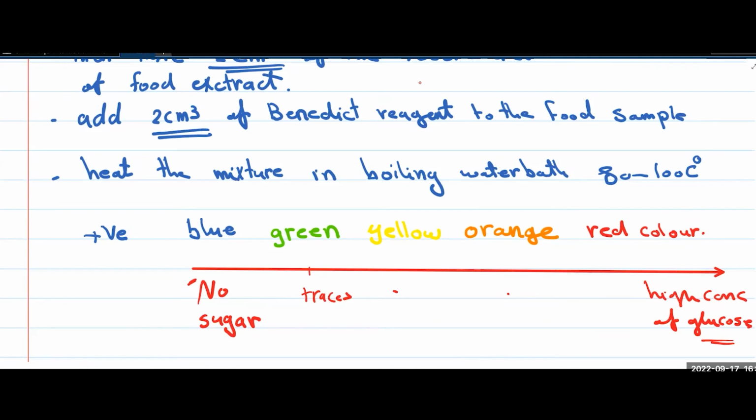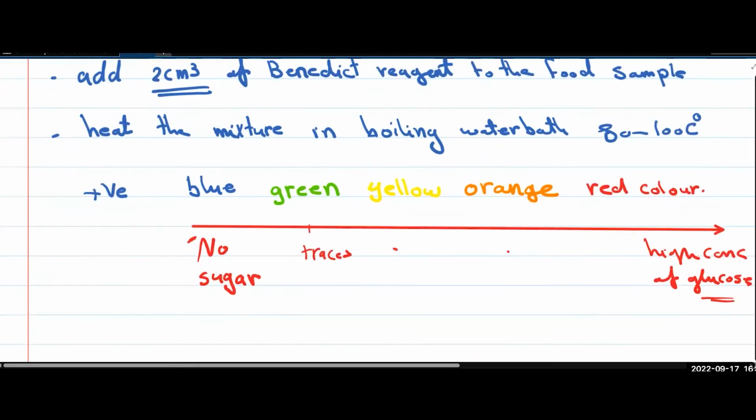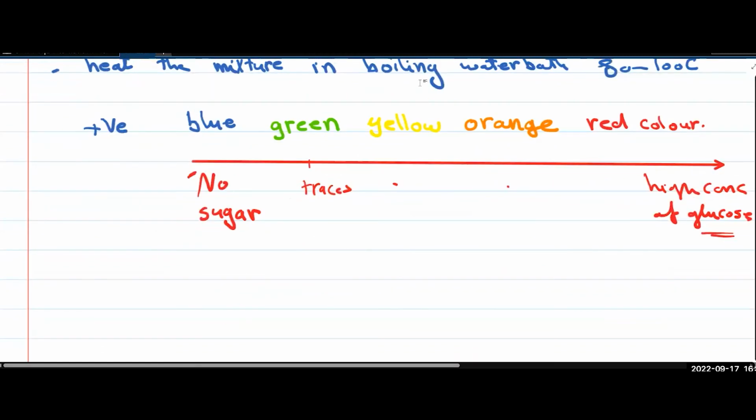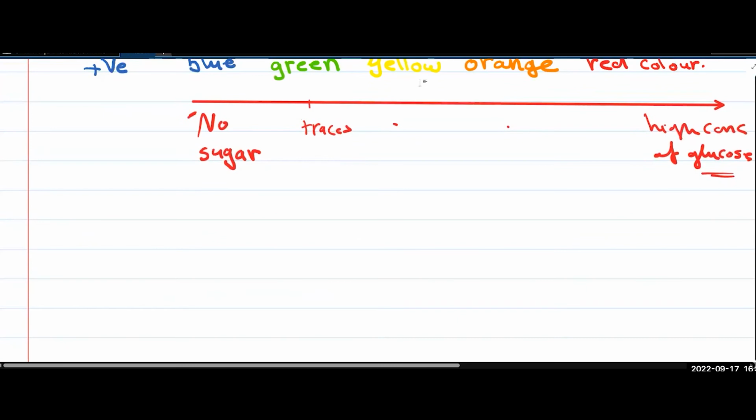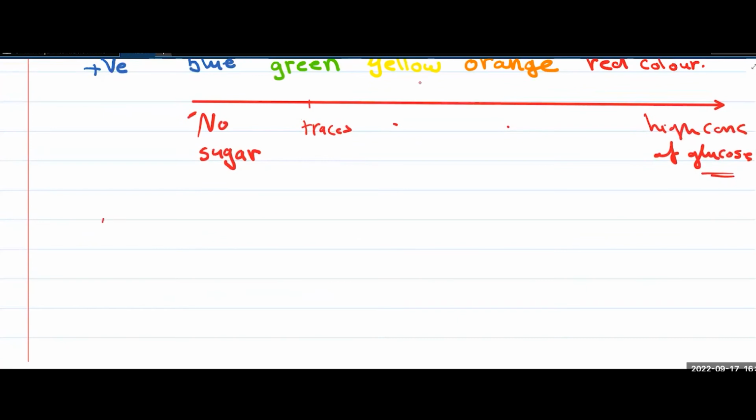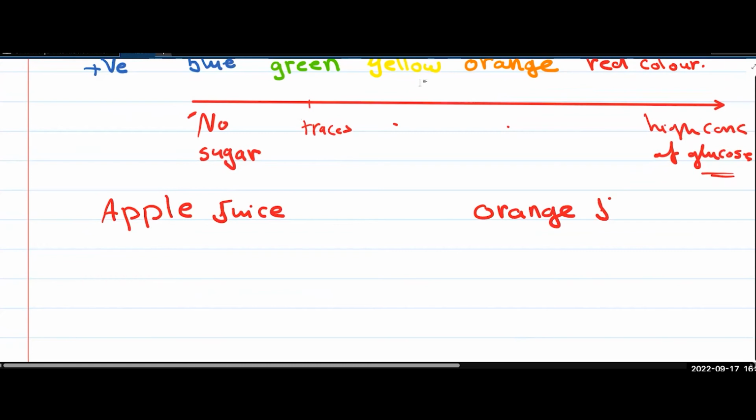Can I do that test to compare the amount of reducing sugar between two samples? Let me show you an experiment, and I will ask you to tell me. I have here apple juice, and I will put orange juice.